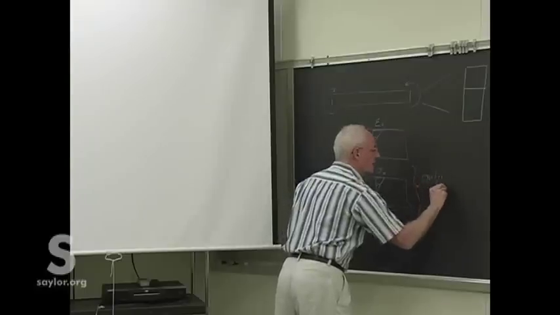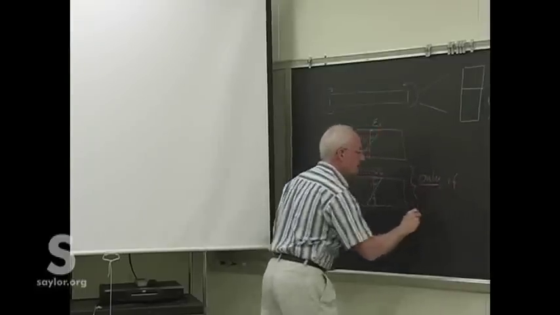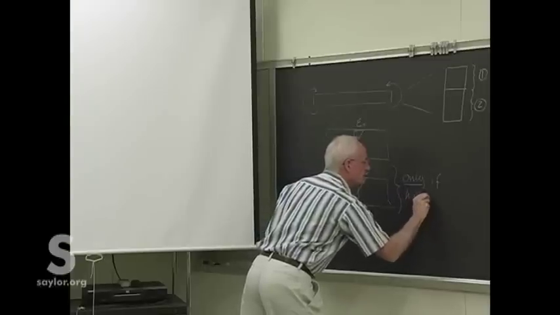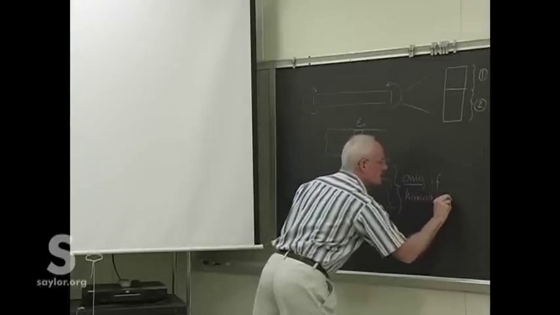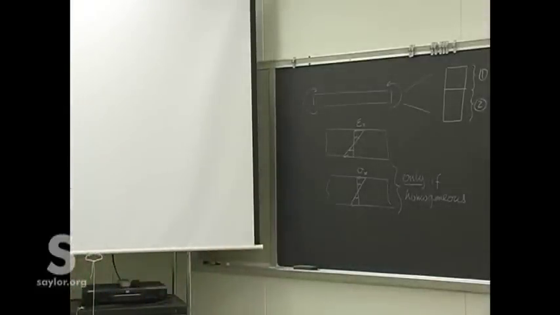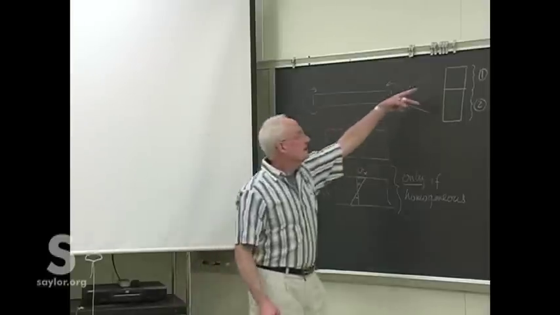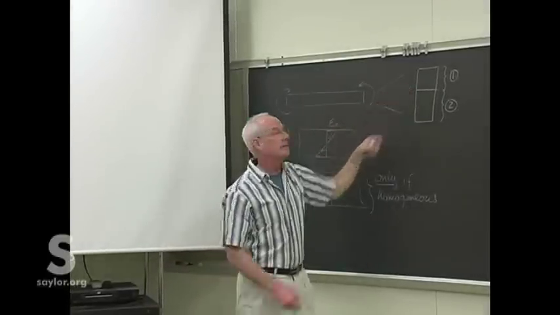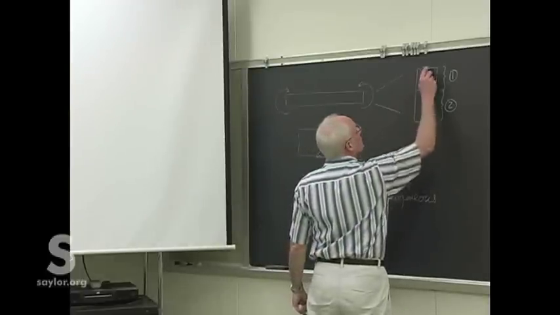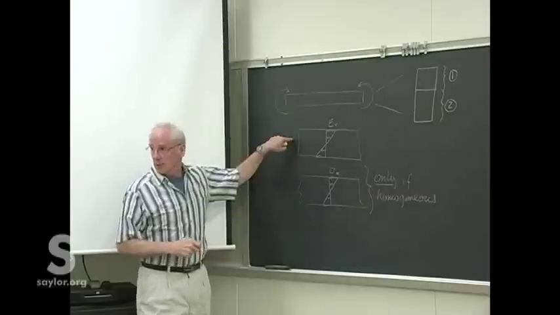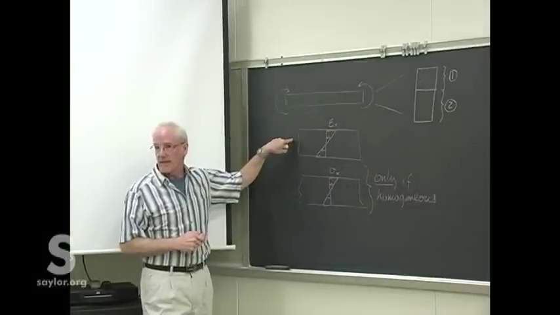This is only if the beam is homogeneous, meaning the same material throughout, which is not the case if we start looking at a two-material beam. So the trouble comes now that the strain will indeed be linear. That doesn't change.